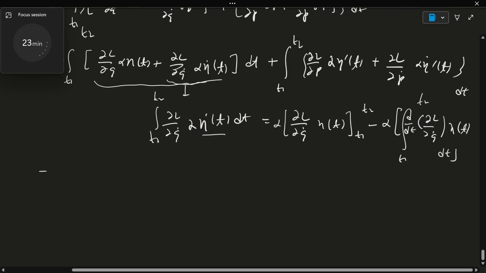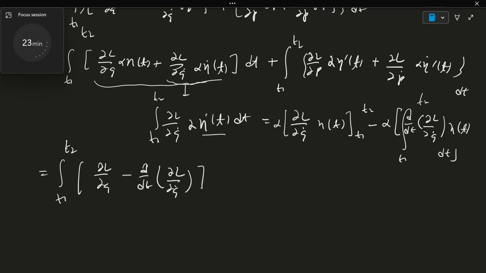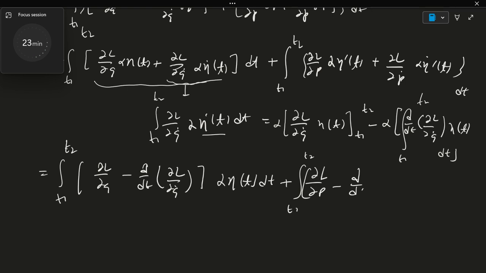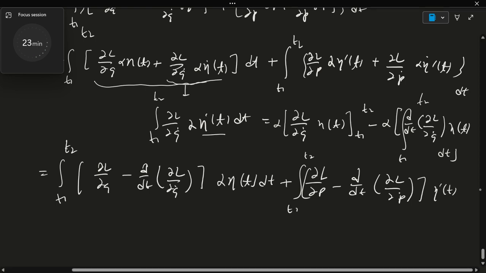If you put this value here, that becomes the integral from t1 to t2 of ∂L/∂q minus d/dt of ∂L/∂q̇, alpha times eta of t dt, and in the same way you will also get here ∂L/∂p minus d/dt of ∂L/∂ṗ into alpha times eta prime of t, dt.